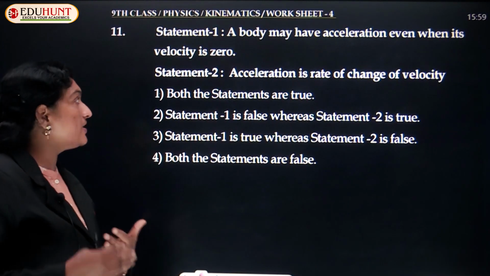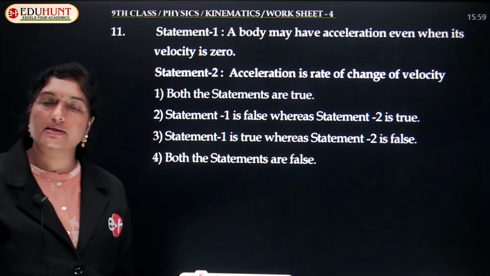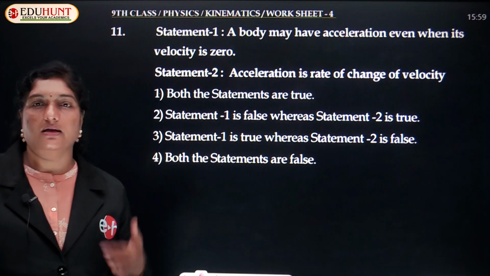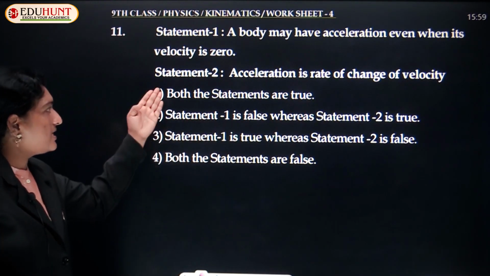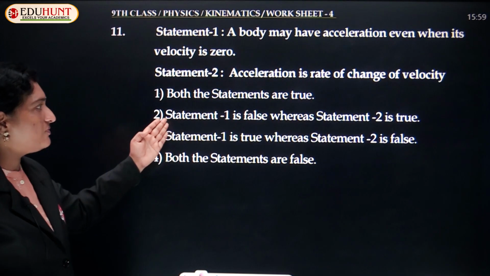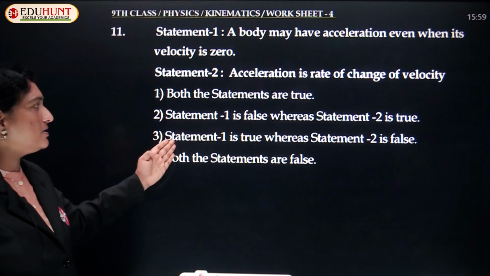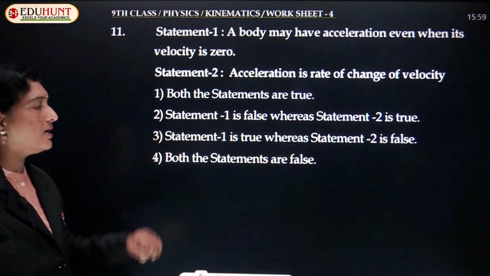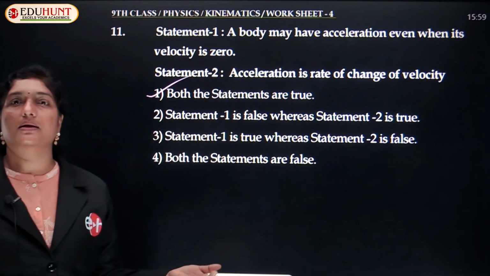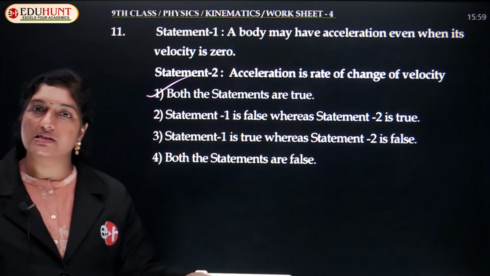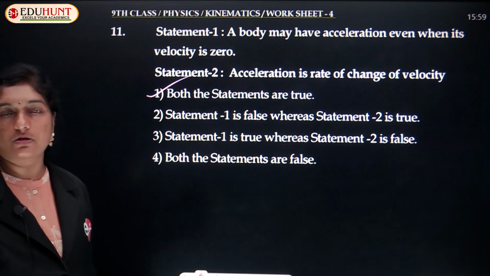Acceleration is the rate of change of velocity, that is, change in velocity by time. Both are true statements. So both the statements are true. The options are: statement 1 is false and 2 is true; 1 is true, 2 is false; both are false. The correct option is that both the statements are true.